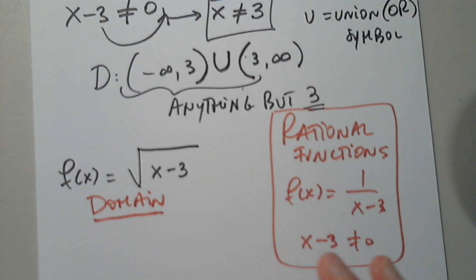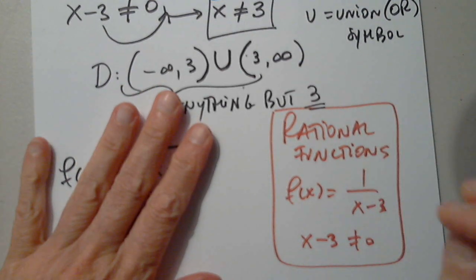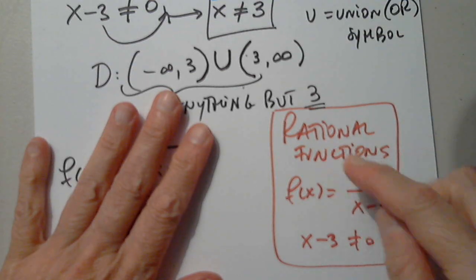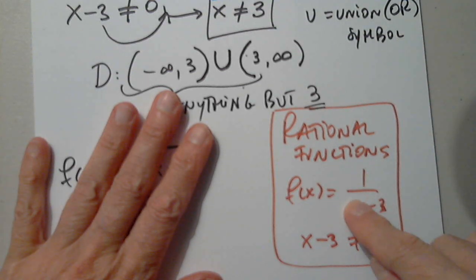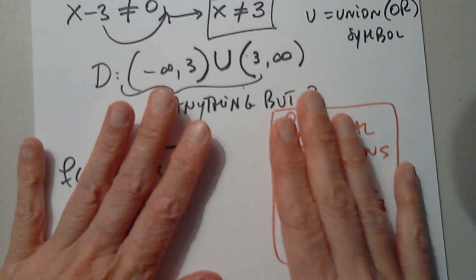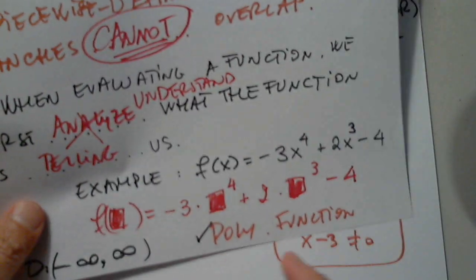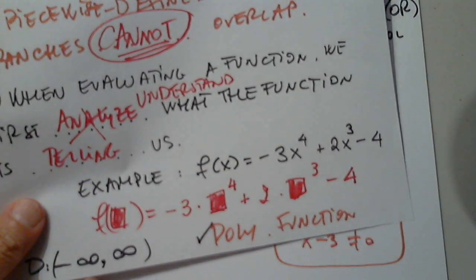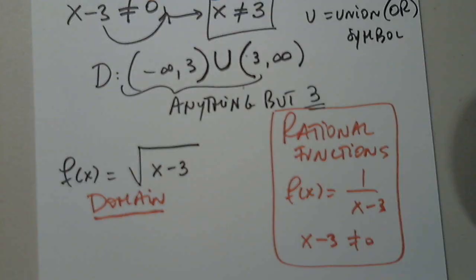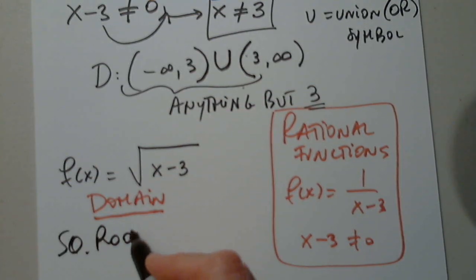Moving forward, I reviewed right now, I remember forever that a rational function cannot have 0 in the denominator. That's one thing. When we talk about polynomial functions, I don't have any problem. The domain is always everything. But now this is a different function. So this is a square root function.